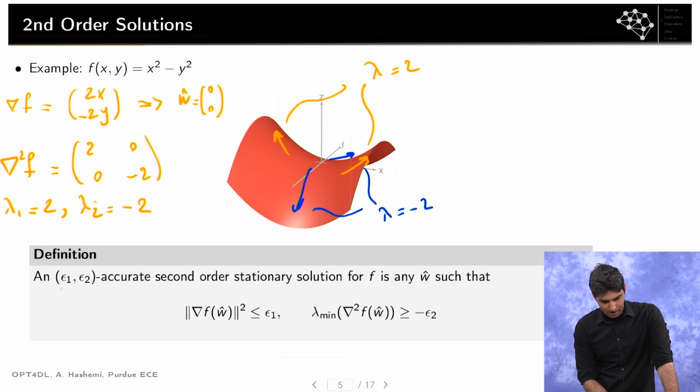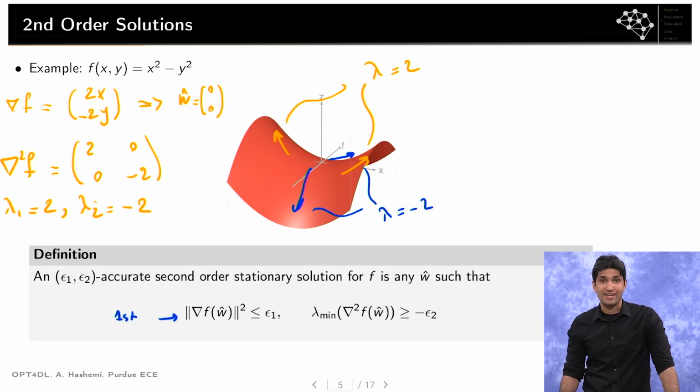In particular, we call a point epsilon 1, epsilon 2 accurate second order stationary if it satisfies two conditions. First of all, it has to be a first order stationary point. So it means that the norm of the gradient has to be less than some epsilon, epsilon 1 in this case.